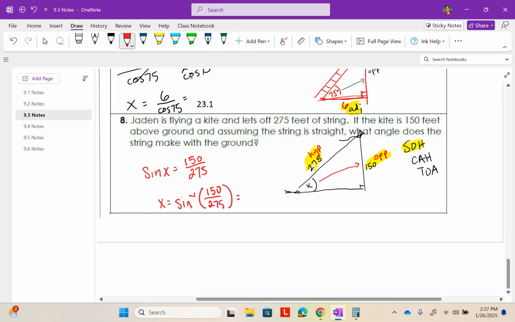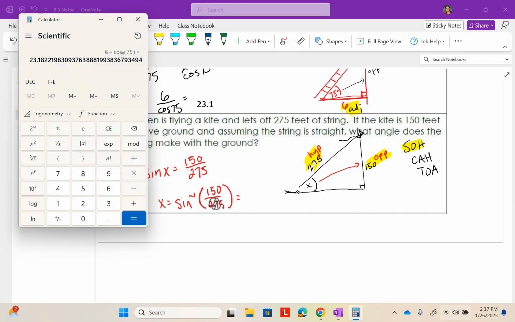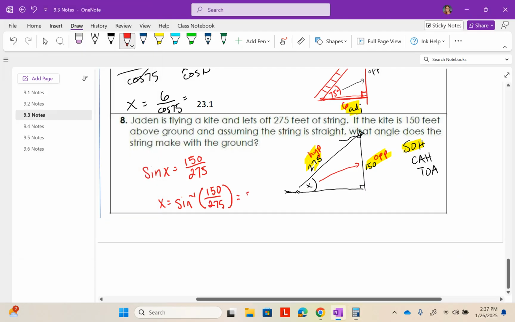So X is about, 150 over 275 equals 0.54 repeating. Inverse sine is 33.0557, so about 33.1 degrees.